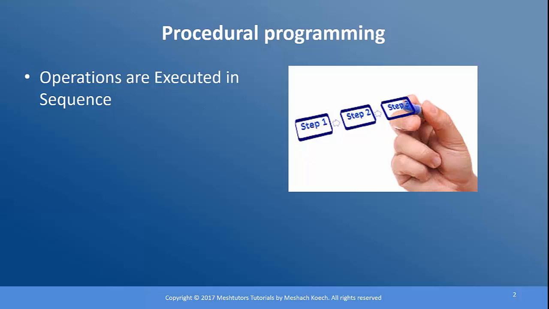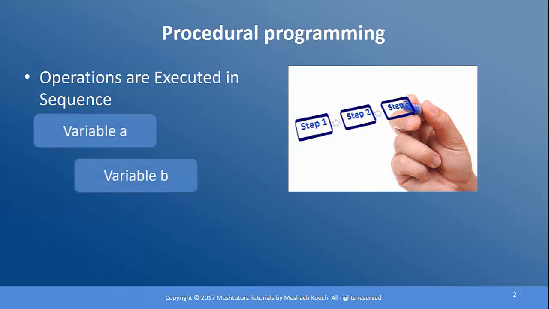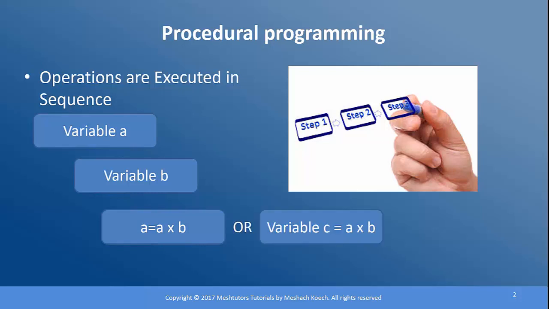For example, if you're finding the product of two numbers, you would first begin by reserving the memory for both numbers and then write the code to multiply the numbers, then either save the result to one of the number variables or to a new variable altogether.